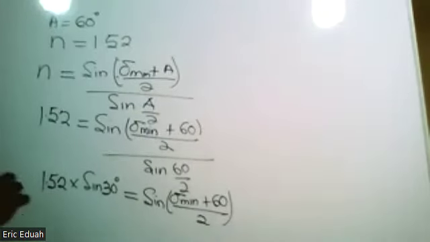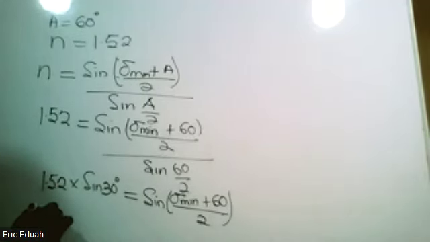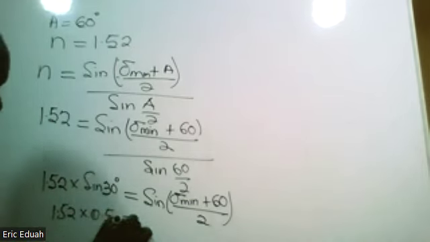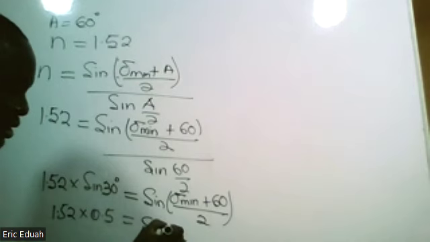Okay, so sine 30 is 0.5, half. So 1.52 times 0.5 is equal to sine of all these.